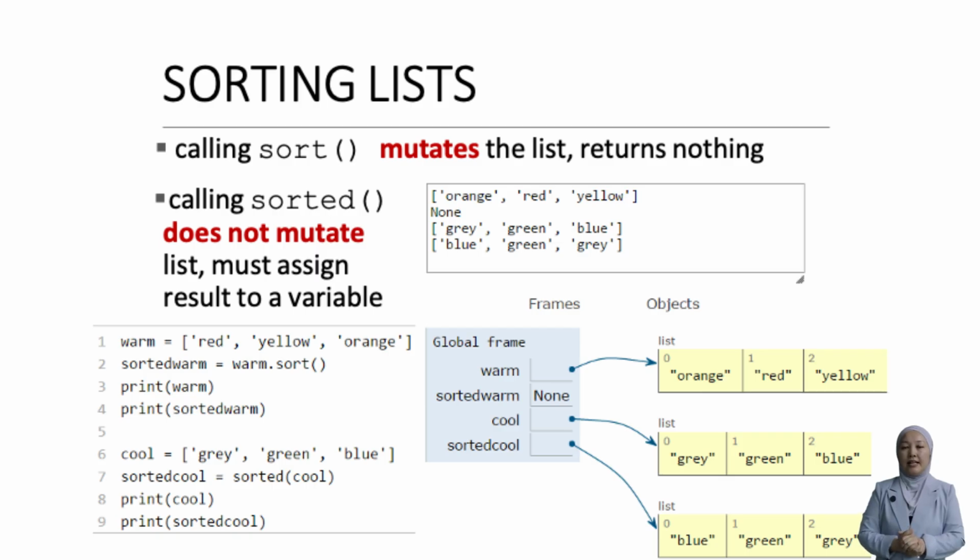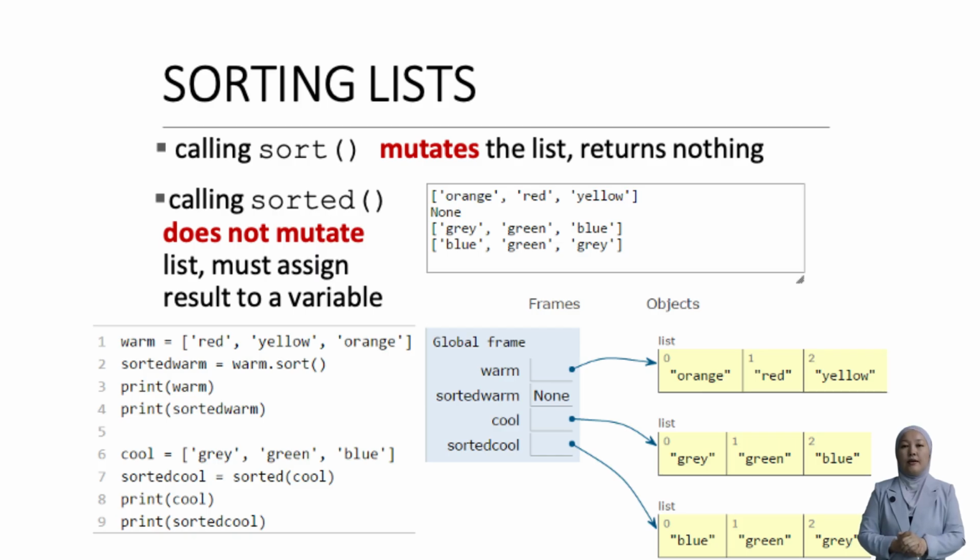Given the importance, let's revisit sort and sorted in light of mutability. warm.sort() mutates warm and returns None. If you assign sorted_warm = warm.sort(), sorted_warm is None. That's a common mistake. In contrast, sorted(cool) does not mutate cool. It returns a new sorted list.